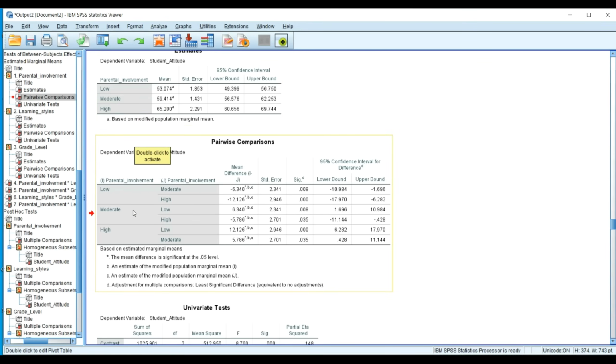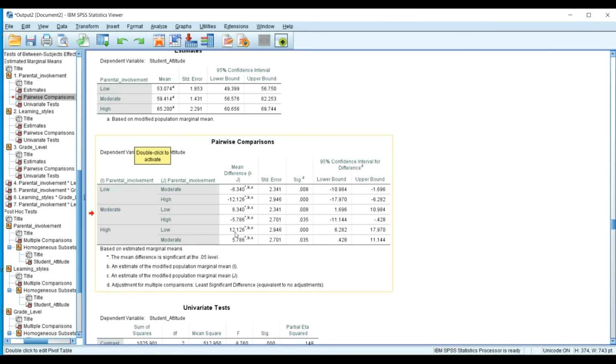So when you compare moderate to the low level, that's a positive effect. But when you compare moderate to the high level of involvement, it is lesser. But the high level compared to the low level is quite positive, contributing high.